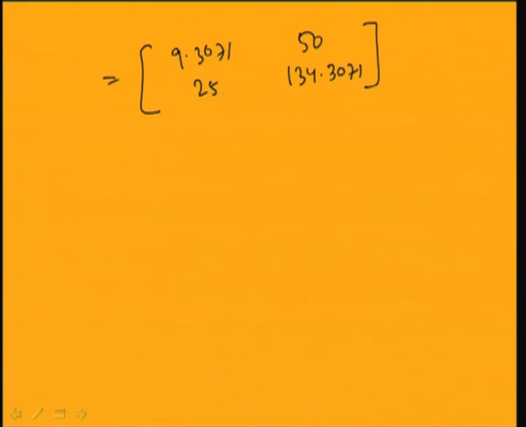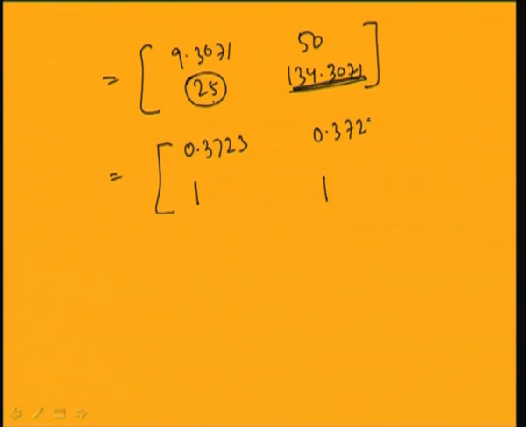Let me write this as A2. Let me make this displacement unity. So, I will divide 9.3071 by 25, and that becomes 0.3723. In this column also I can make this element equal to unity, so I can divide 50 by 134.3071, and this also becomes 0.3723.